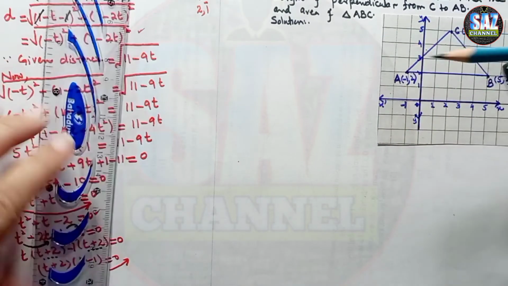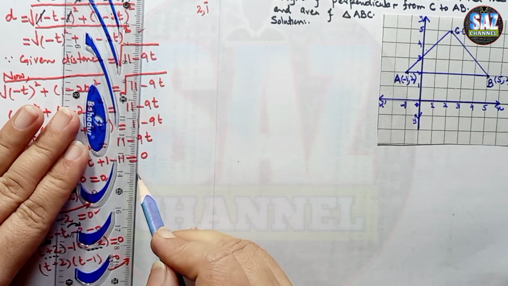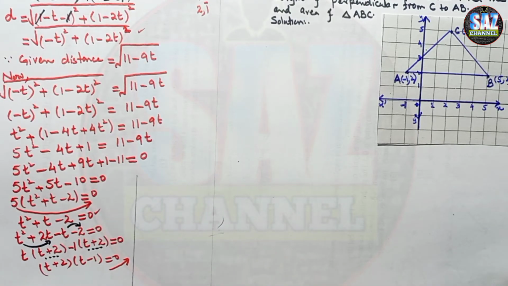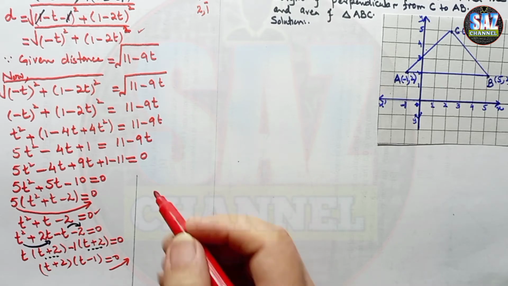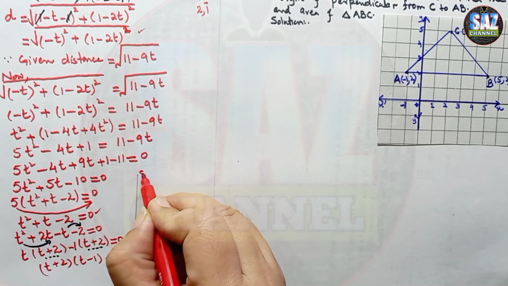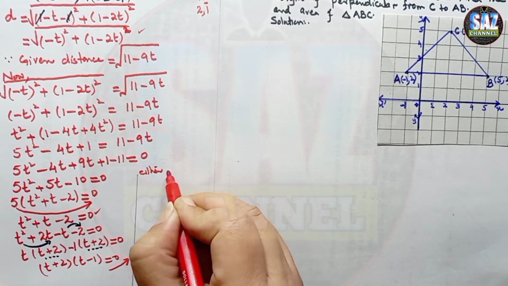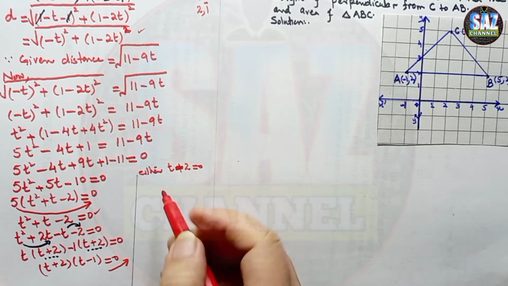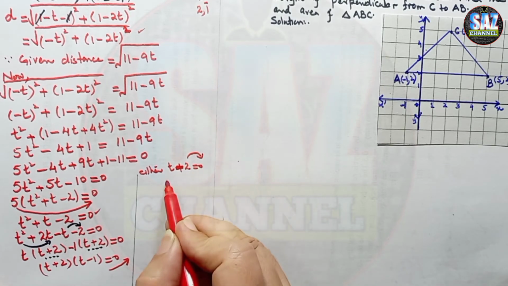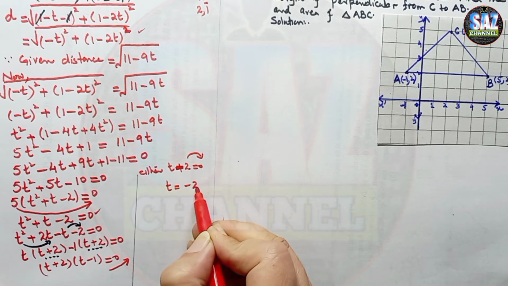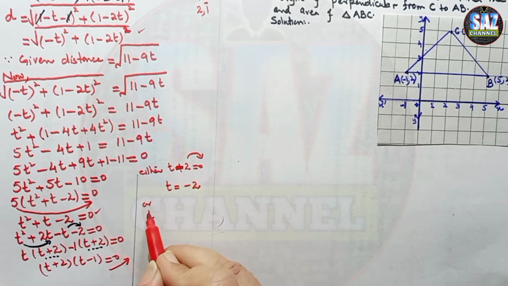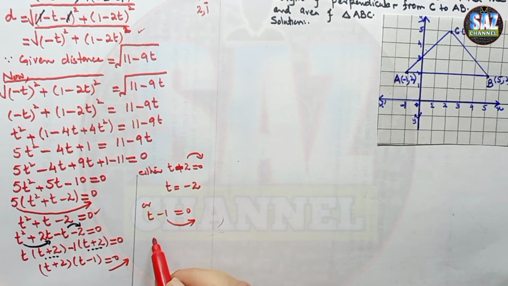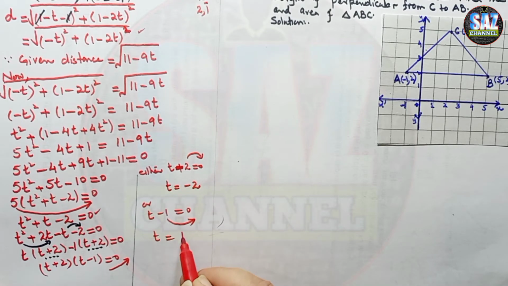Let me separate the place so that my working will not mix up with the other part. Recall the previous lesson, how we were solving the quadratic equation. I have to apply either-or condition, either t plus 2 equals to 0, and this gives me t equals to minus 2, okay, or t minus 1 equals to 0, and shift 1 to the other side, and that will give me t equals to 1.